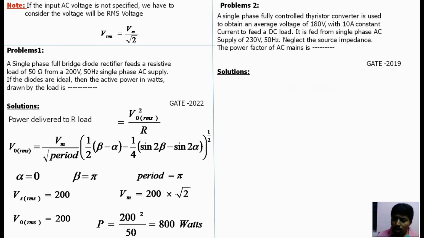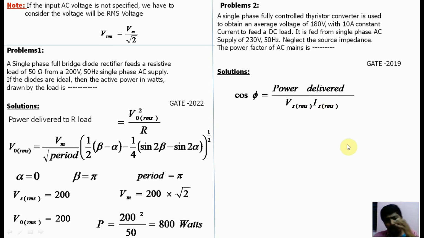What will the power factor value be? Power factor is equal to the power delivered divided by V_s RMS and I_s RMS. We have to find the power delivered. The load is an R load, and E load is not given, so power delivered is equal to V naught RMS into I naught RMS.